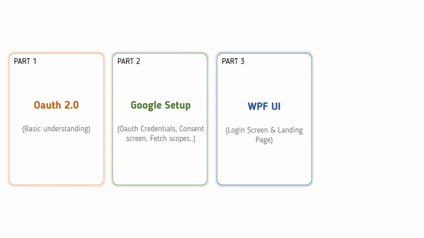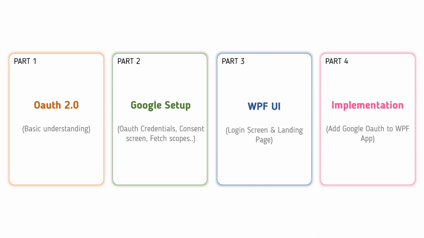We will have a login page, and then we will have a landing page. After we build this UI itself, finally we will implement the authentication. So from step 2, we created some credentials. We'll take those credentials and add them to our WPF application. So these are the 4 parts that we will be focusing on in this video.